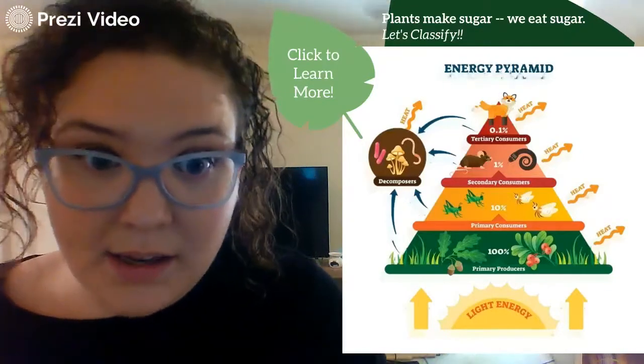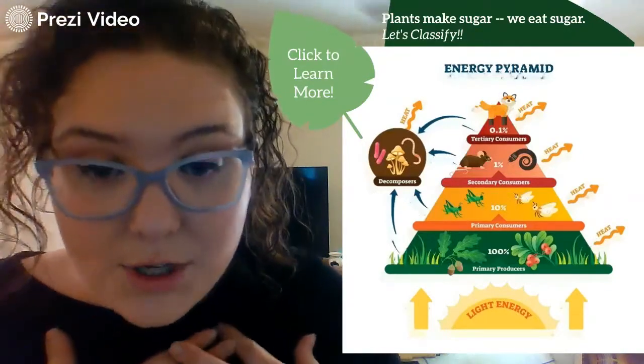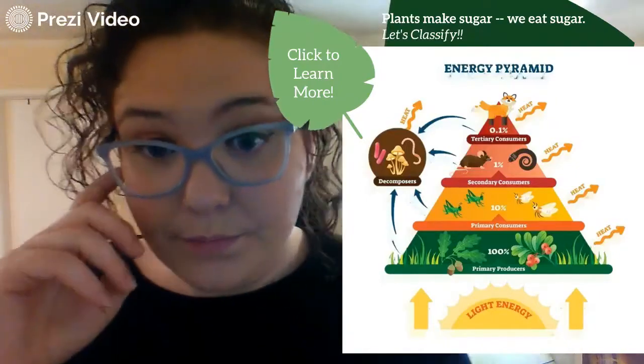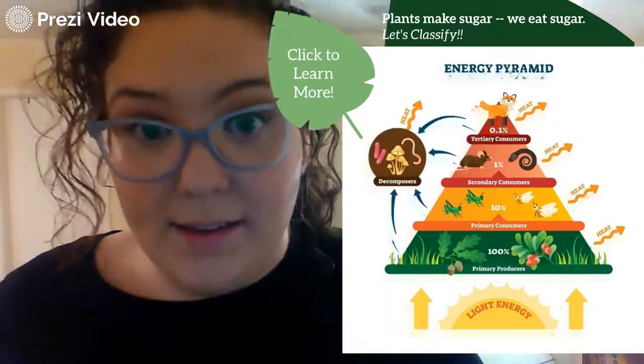And look at this. The main thing that I need you to understand for today is that because we get our energy from eating plants and eating animals that also eat plants, we in turn get our energy from the sun because plants use the sun's energy to grow. You can click this slide to learn more.